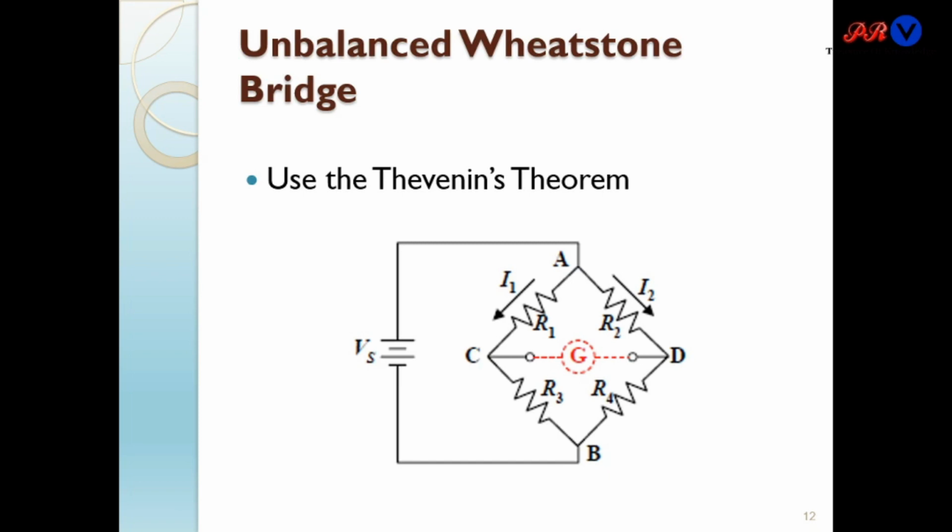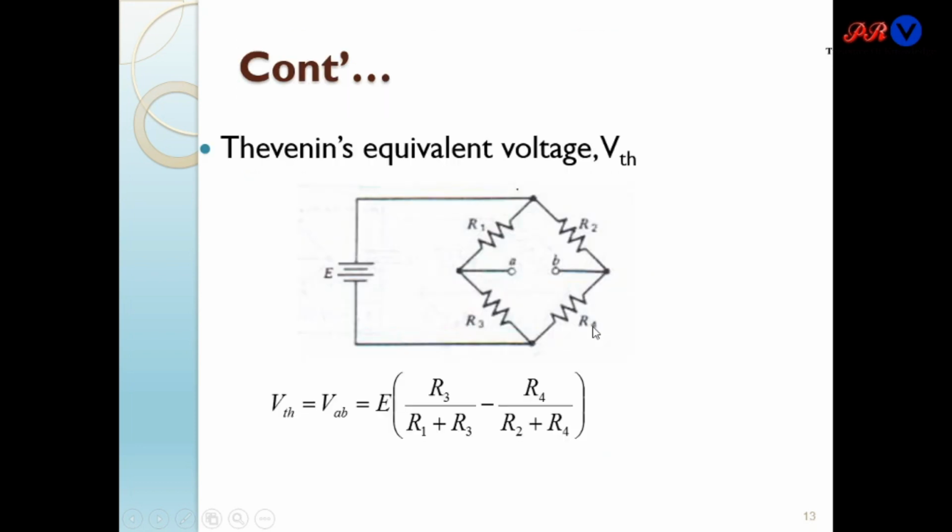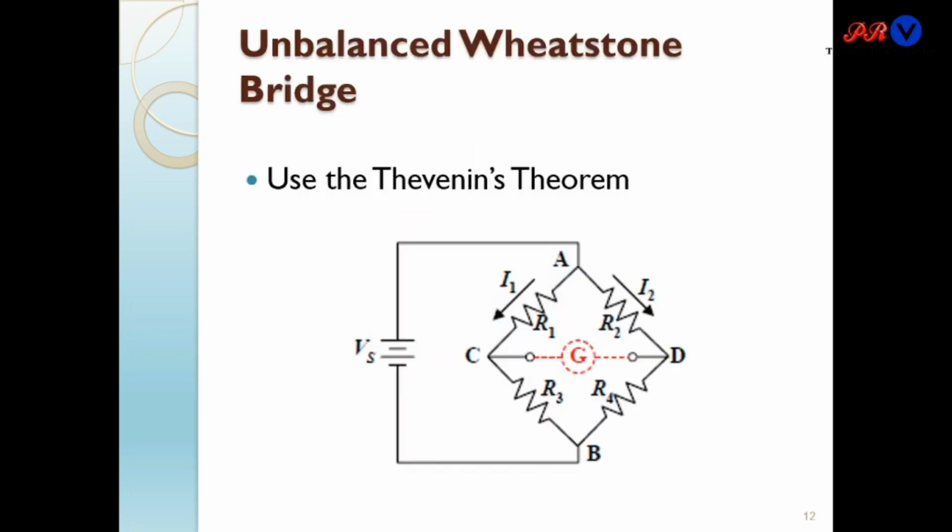Now, unbalanced Wheatstone bridge means here the galvanometer is showing some deflection. So we will use Thevenin theorem here to find out the equivalent circuit of this Wheatstone bridge. Thevenin's equivalent voltage: for calculation of Thevenin equivalent voltage, we will open this galvanometer.